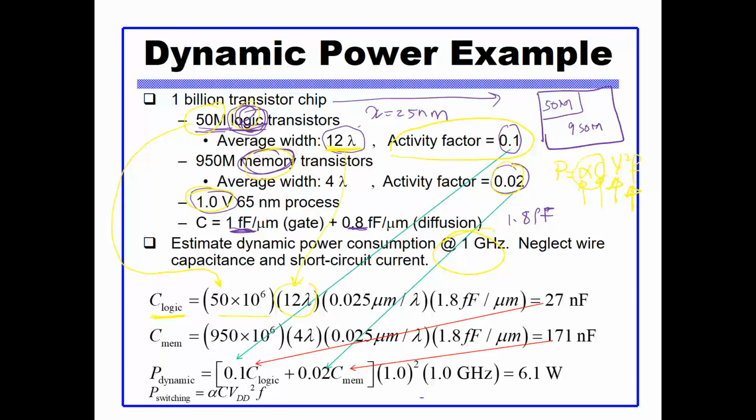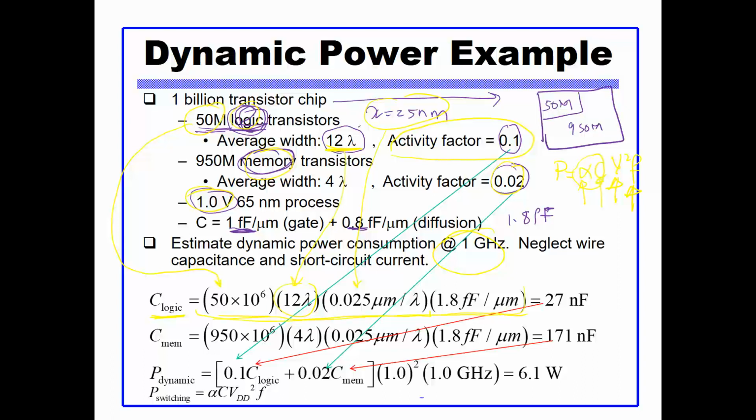Okay, and I know that every lambda in this process in this textbook is 25 nanometer, which is 0.025 micron. Now that will convert the number of transistors into micrometers. Then every micrometer provides for me 1.8 femtofarad.